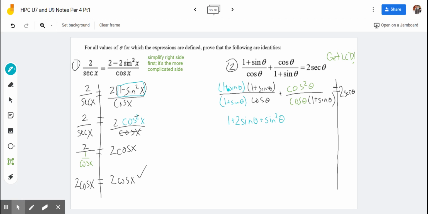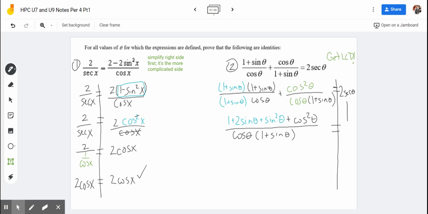Because we're multiplying sine times sine afterwards. And then plus this cos squared stays now, plus cos squared, all over our common denominator of cos theta times 1 plus sine theta. And this is still equal to 2 secant theta.